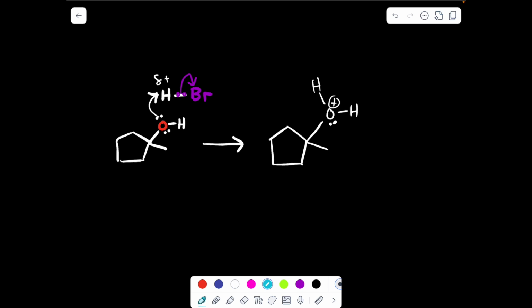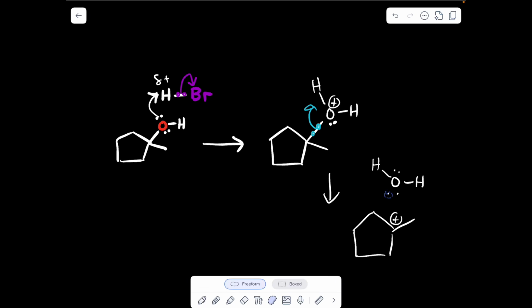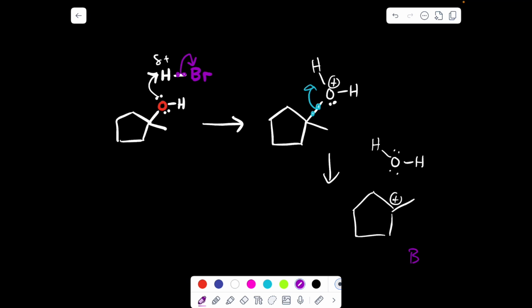Now, this is the best leaving group on the entire planet. So it is going to take the two electrons in the CO bond and go, peace out. I want to be water and I want to be neutral. So it's going to leave behind a tertiary carbocation, and it is going to become neutral, and it's going to chill. But we also have a bromine with a negative charge that was created in the first step.